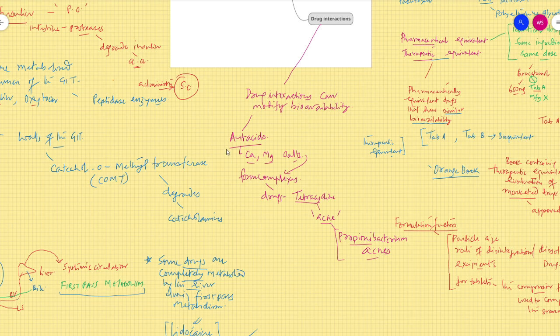But it has also got a positive aspect. For example, vitamin C, if it is given with iron salts. Where do you supplement iron? Maybe in a pregnant woman. You want the woman to have increased iron. So if you concurrently administer it with vitamin C, then the bioavailability increases.